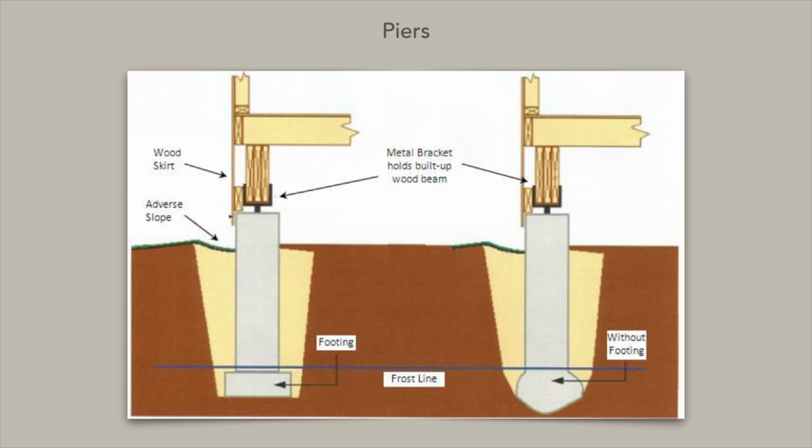At the top of the pier, there should be a metal bracket to accommodate a beam. This U-shaped bracket will have a stem protruding from the base, which is set into the top of the pier. As an inspector, you will want to crawl under the house to check on these piers to see if they are level, plumb, and if they are in good condition. You will also determine if they are secured to the beams.